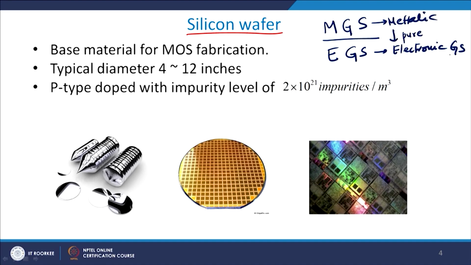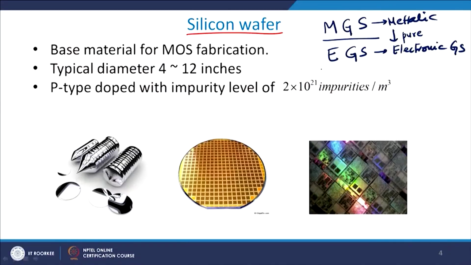Typically when you fabricate silicon wafer, you first fabricate MGS and then you do more refining to get EGS. In EGS you will have very low impurity, both in terms of external agents as well as the crystal itself. The crystal itself will be so even that you will not be able to distinguish between a bad crystal and a good crystal.